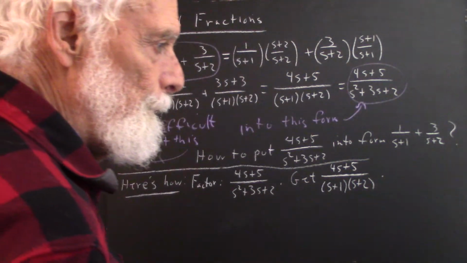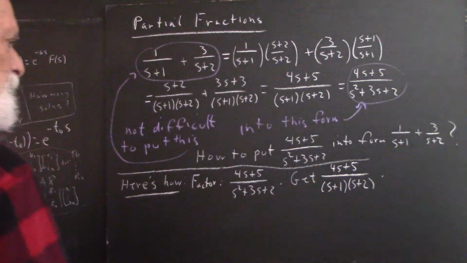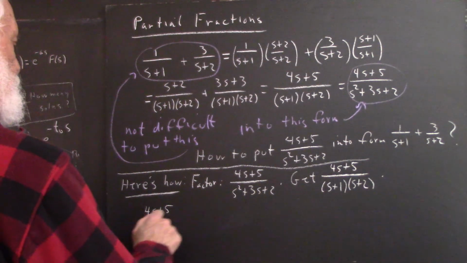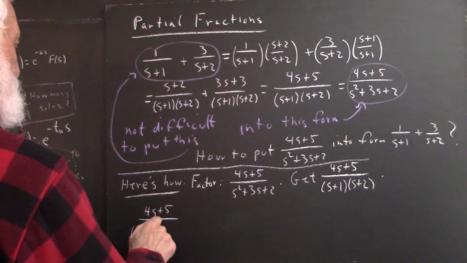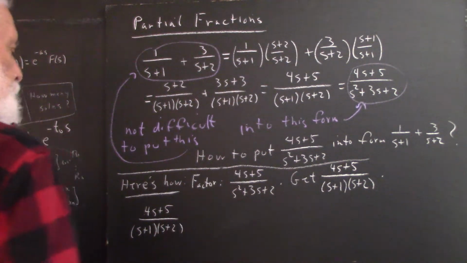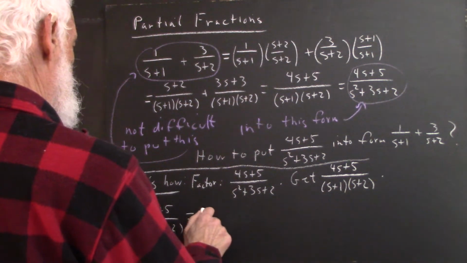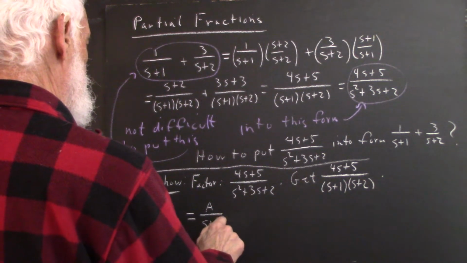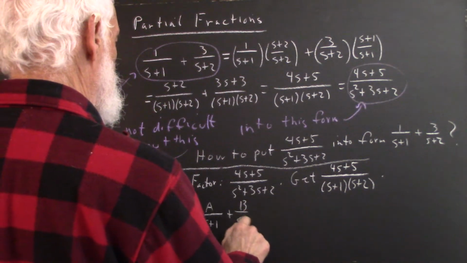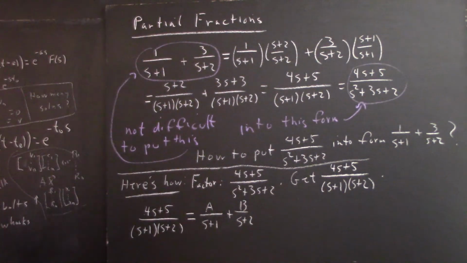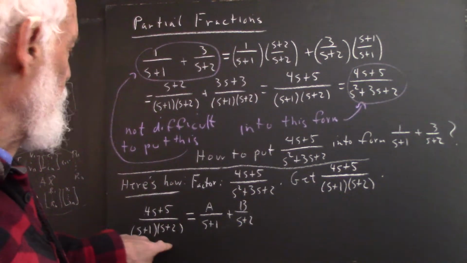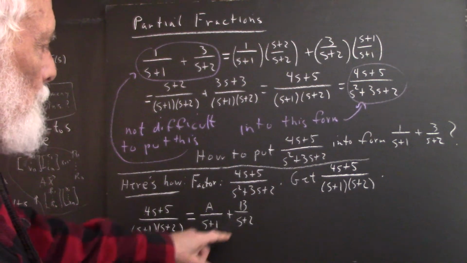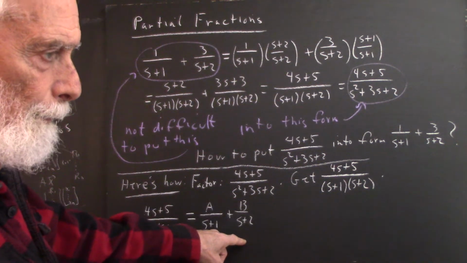Now, I'm saying that 4s plus 5 over s plus 1 times s plus 2 has to equal some number over s plus 1 plus another number over s plus 2.